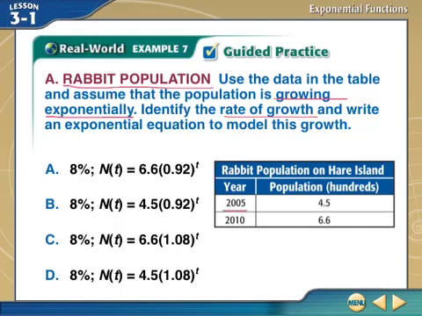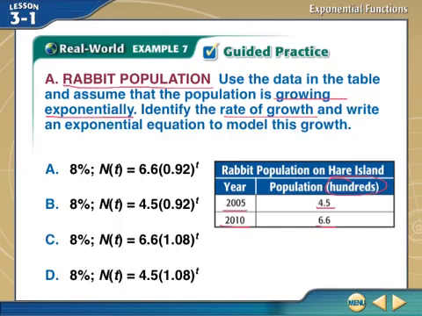Your initial population is 4.5, so actually 450, because that population is measured in hundreds. So you would take 4.5 and multiply by 100. And in the year 2010, you have 6.6, or 6.6 times 100 is 660.